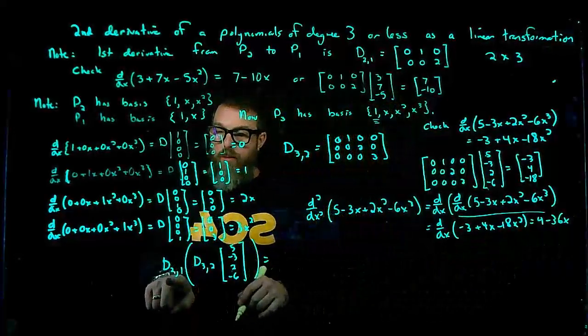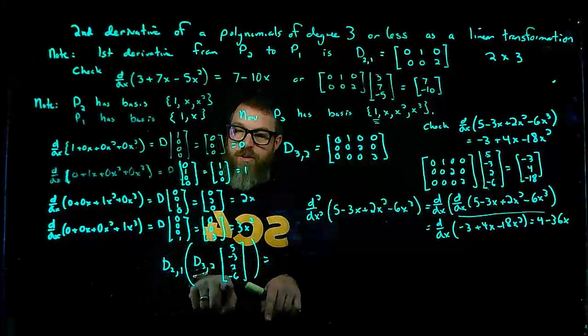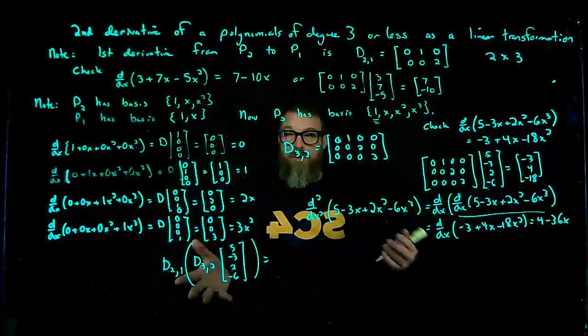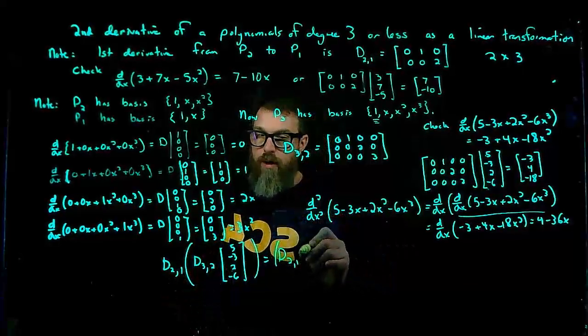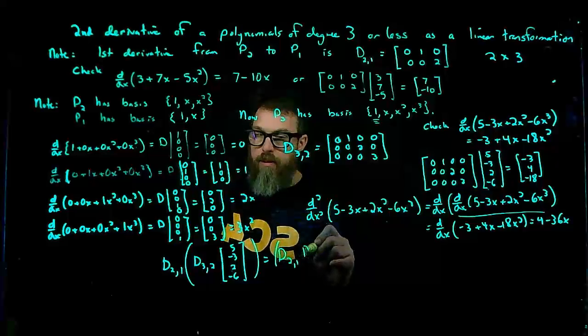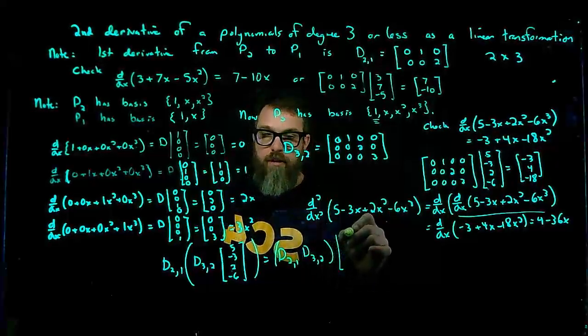Well, this is a matrix, this is a matrix, this is a matrix, and they're associative. So what I can do is I can go D21 times D32, and then I can multiply by that matrix last.